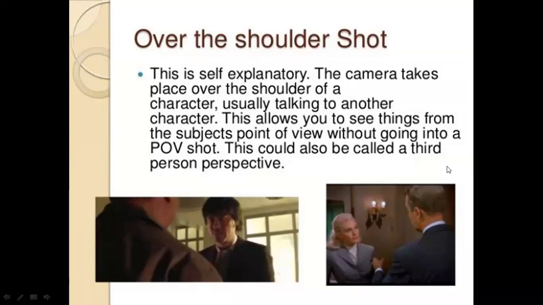With the camera placed behind one character, the shot then frames the sequence from the perspective of that character. Basically, it gives us a character's point of view, but that includes part of that character's shoulder or the side of the head in the shot.